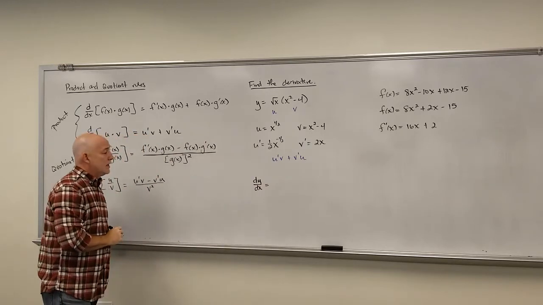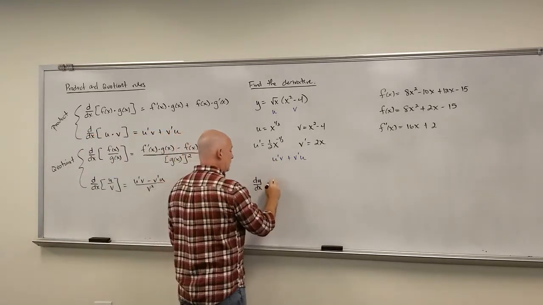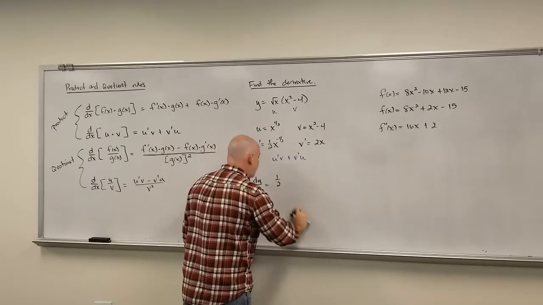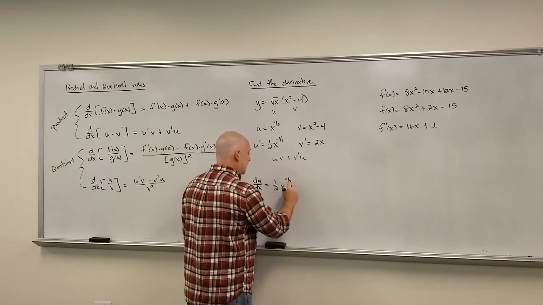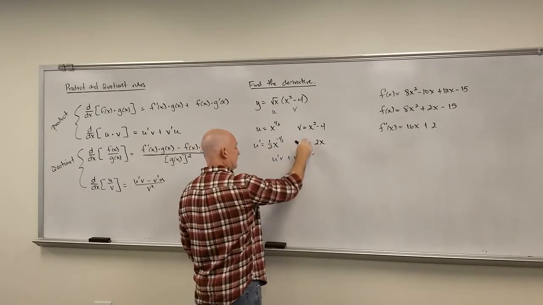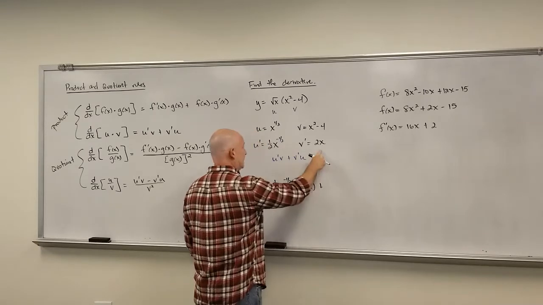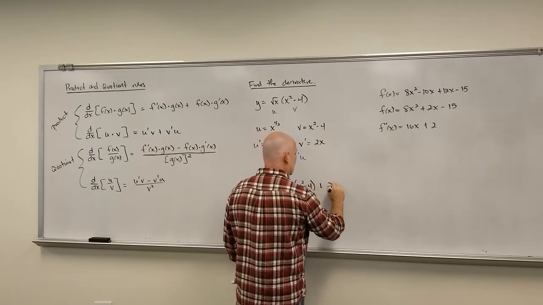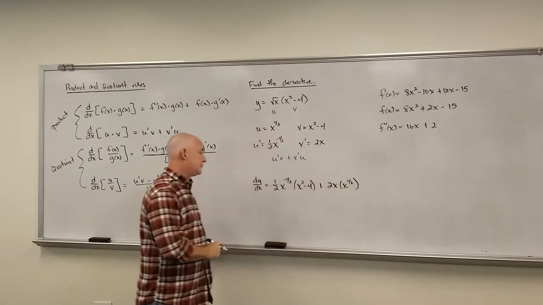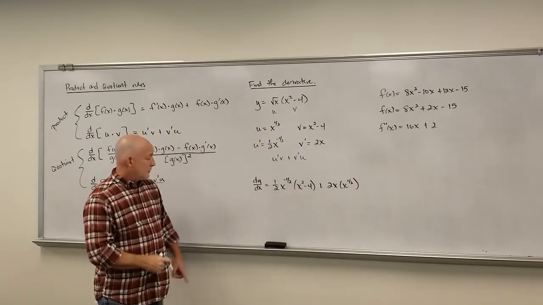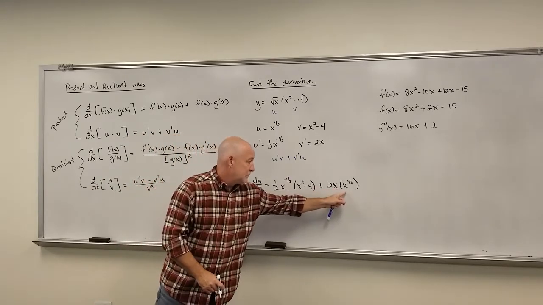So dy/dx, or y prime, is equal to u prime, 1/2 x to the negative 1/2, times v, that's x squared minus 4, plus v prime is 2x times x to the 1/2. All right, so u prime times v plus v prime times u.